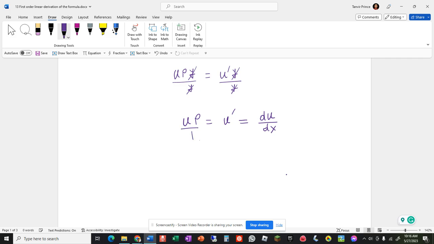There is a 1 here, so let's cross multiply. This is in fact a separable differential equation for the unknown function u. So this is separable where u plays the role of the unknown function. Here your u is like your y.